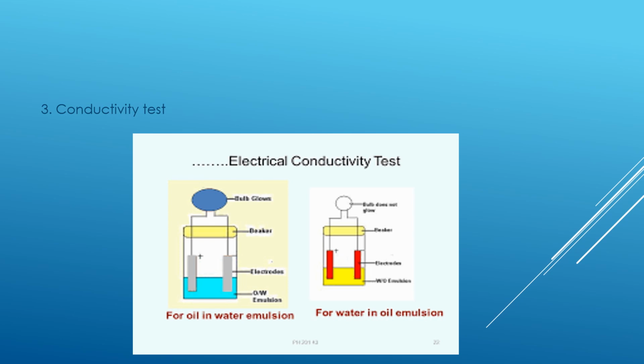This test can be performed by dipping a pair of electrodes connected through a low voltage bulb in the emulsion. If the bulb glows on passing the electric current, the emulsion is oil in water type, since water is the continuous phase. In case the bulb does not glow, the emulsion is water in oil type, because oil is the continuous phase. So that's about the conductivity test.